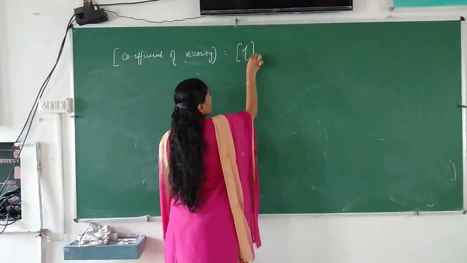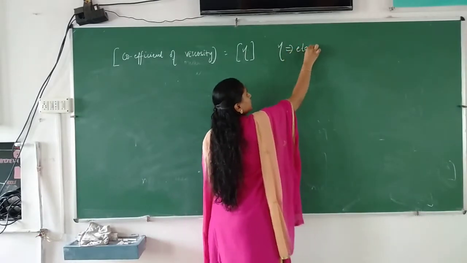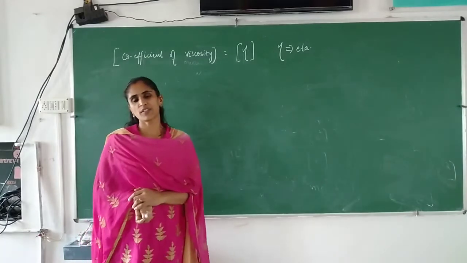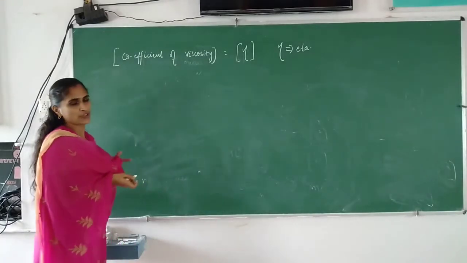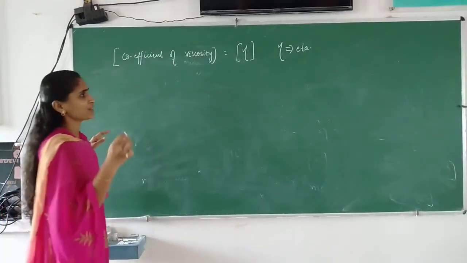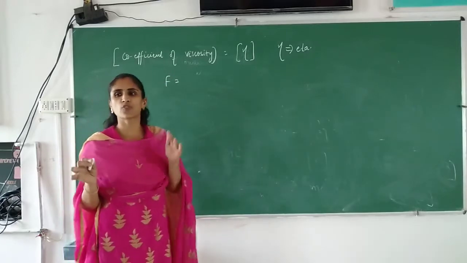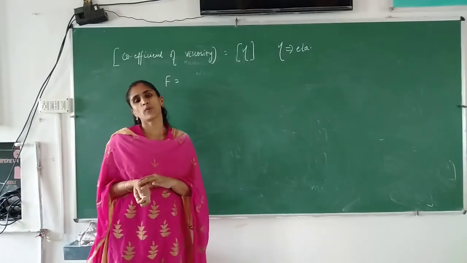It is eta, a Greek alphabet, which is used to represent the coefficient of viscosity. So you have to find the dimension of eta. Again, you should know the relation. The viscous force. Viscous force means the opposing force acting when an object is moving through a fluid.